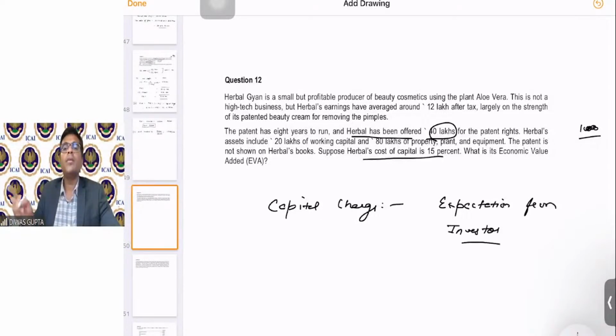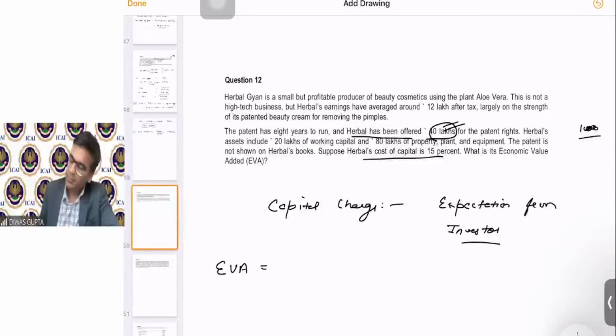Be it equity holder, be it debt holder, they will have some level of expectation, and that expectation is on the current market value, not on the book value, students. It's on the current adjusted book value, right? So we will have to take into account this extra asset of 40 lakhs that has not been created yet. Okay. So let's calculate, students.